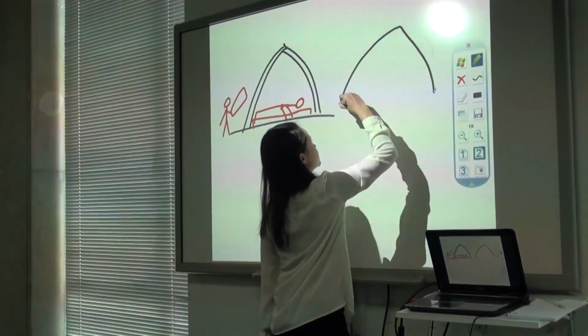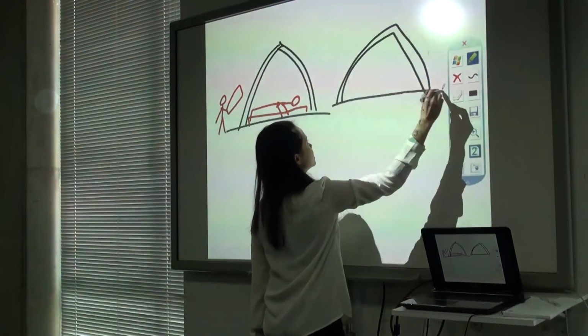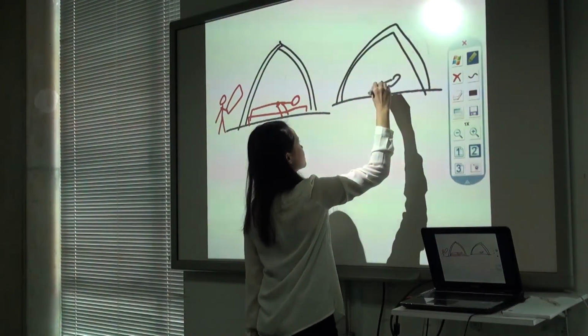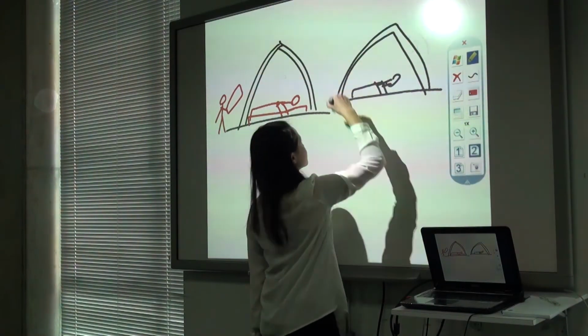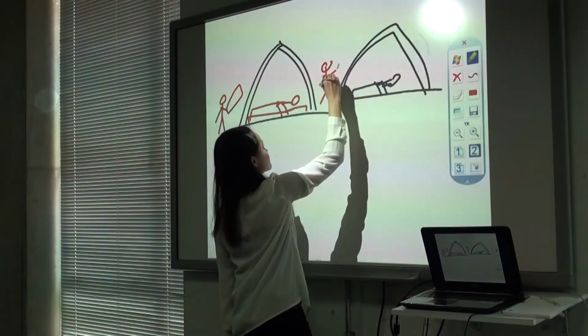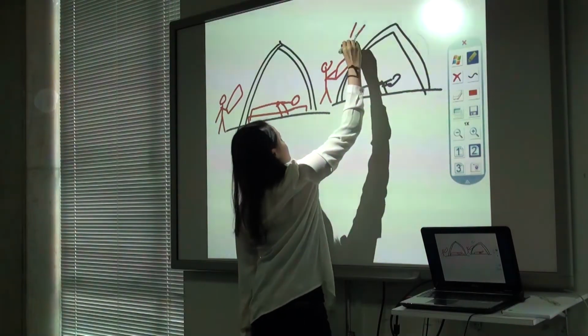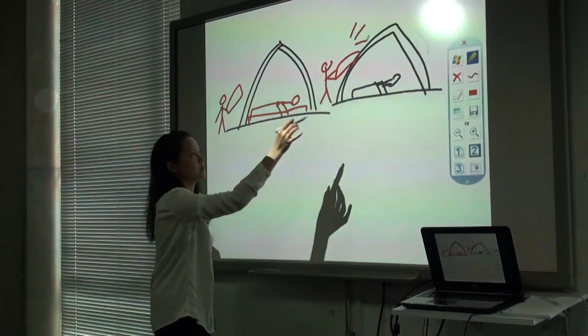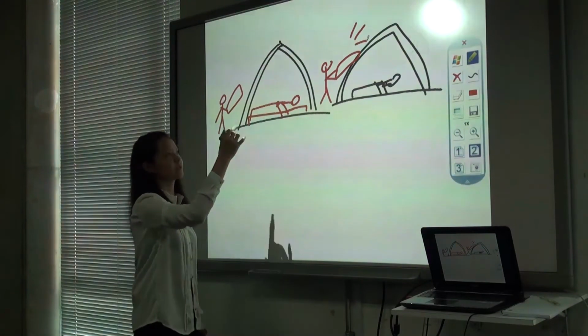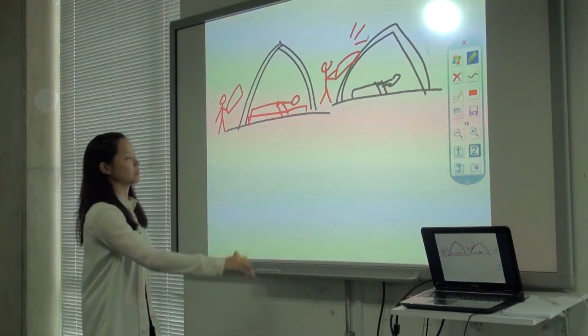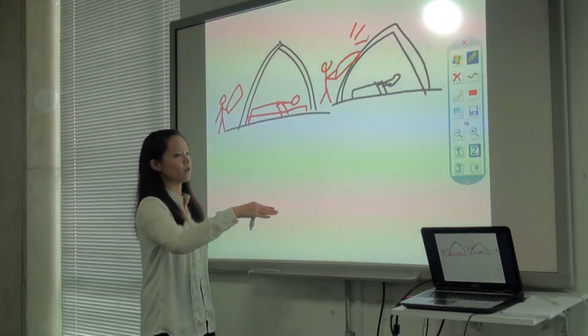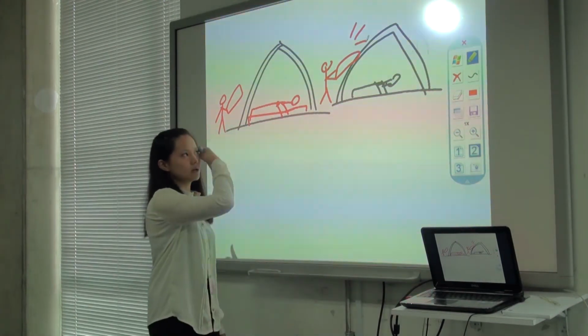What they will normally do is intrude the tent first. This is just for the pictorial presentation so that people can understand it. Normally, they would just open the tent.